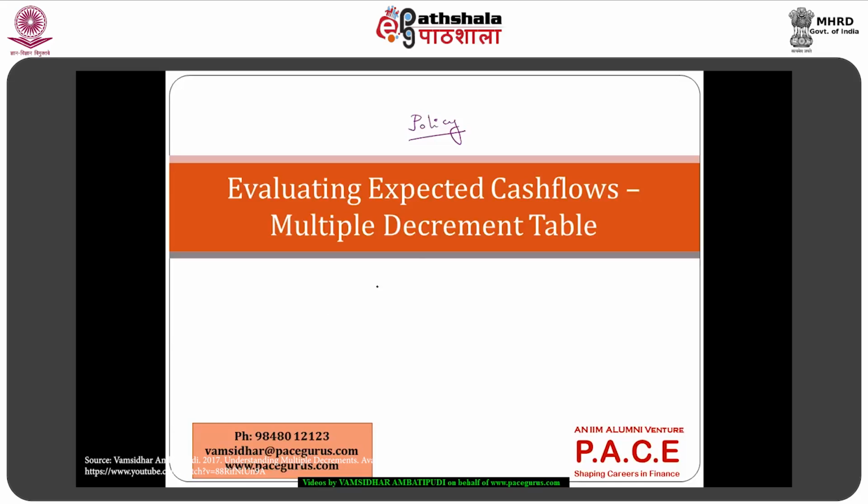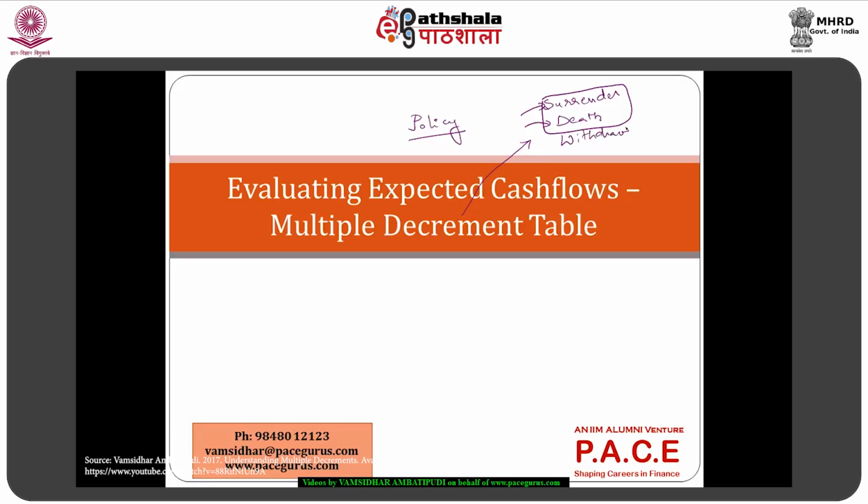To a large extent, in the real world there are multiple decrements. Especially, a policy could be surrendered, or a death benefit could be paid on it. So two different statuses could be there. The number of policies comes down either because of surrender or because of death, or probably some kind of withdrawals.